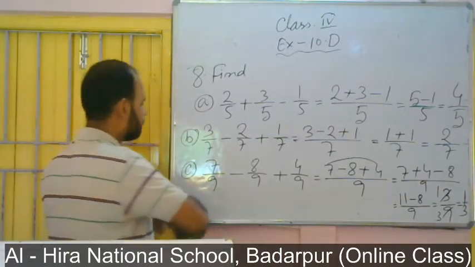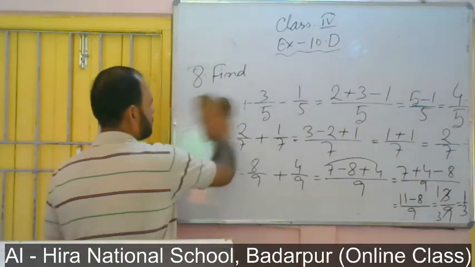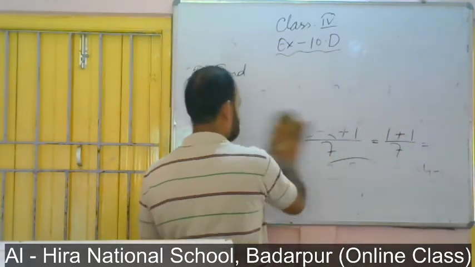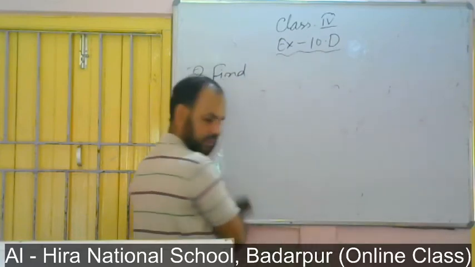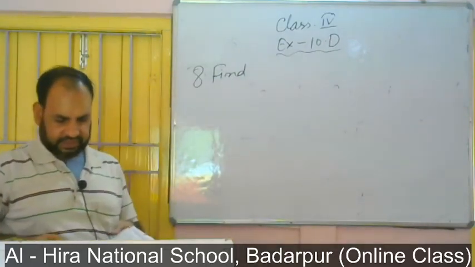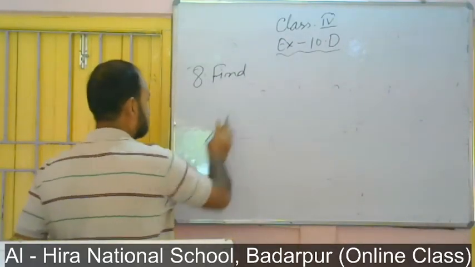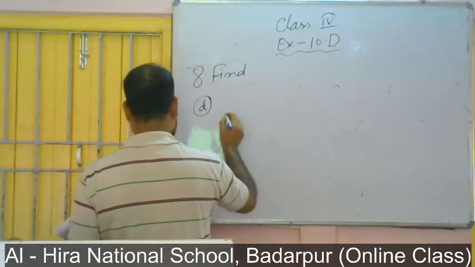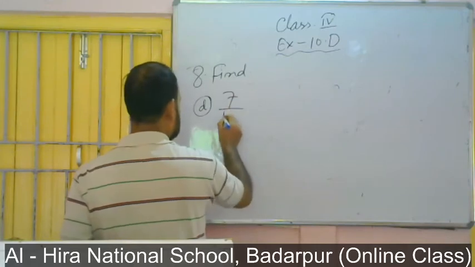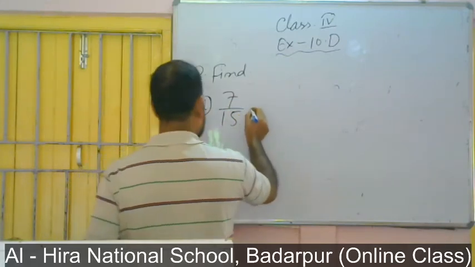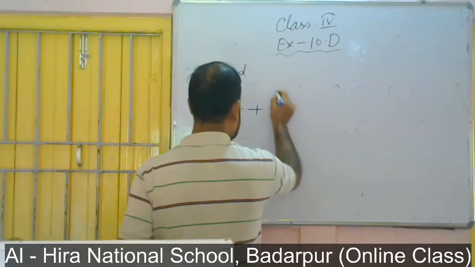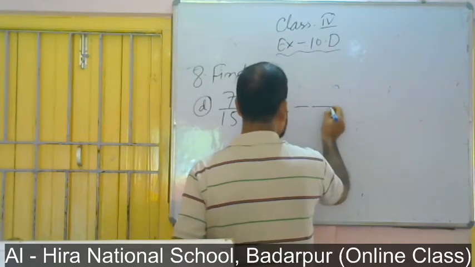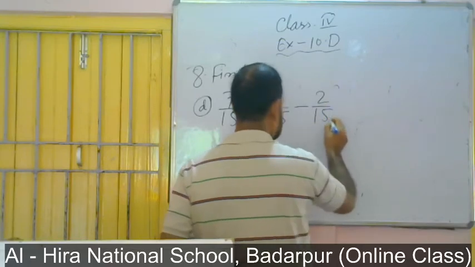Next, question number D: 7 by 15 plus 4 by 15 minus 2 by 15.